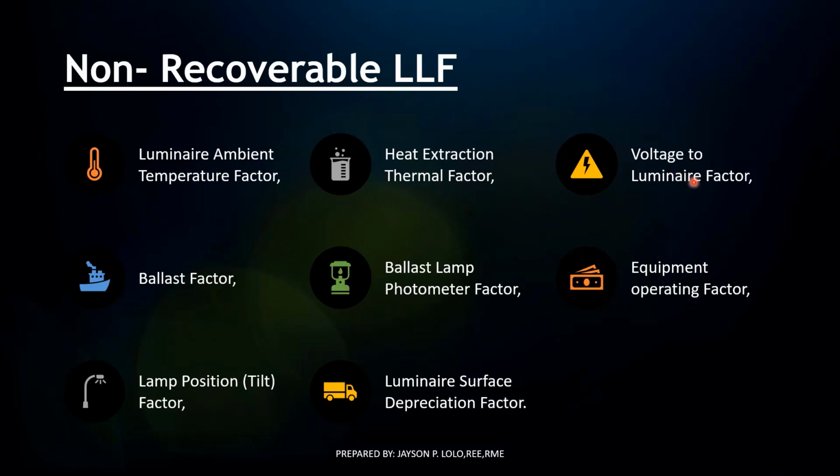Next one is the voltage to luminaire factor. High or low voltage at the luminaires will affect the lumen outputs of lamps. So, high voltage conditions will increase the lumen output of lamps over their rated output, while the low voltage condition will reduce the lumen output. Remember guys, balik ta. High voltage condition will increase the lumen output of lamps.